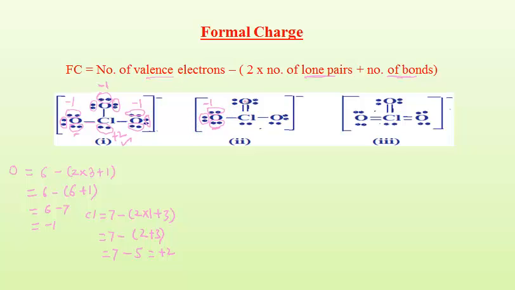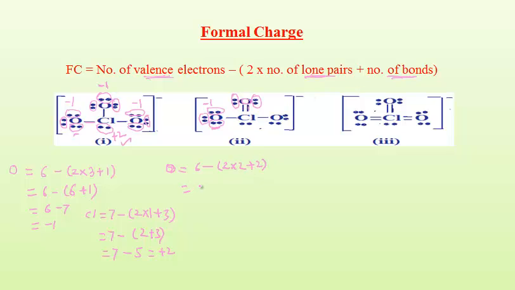Now we calculate the formal charge on this oxygen atom. We apply the formula. The number of valence electrons, oxygen obviously has 6 valence electrons, minus 2 multiplied by number of lone pairs. This oxygen atom has 2 lone pairs, I mention here 2, plus number of chemical bonds. This oxygen atom is forming 2 chemical bonds, I mention here 2.